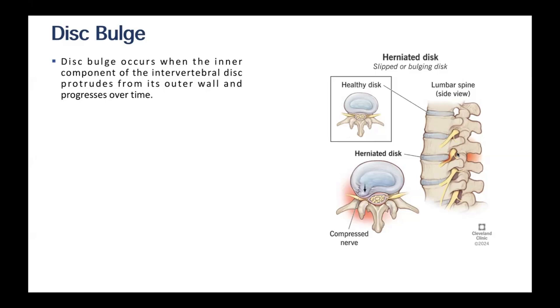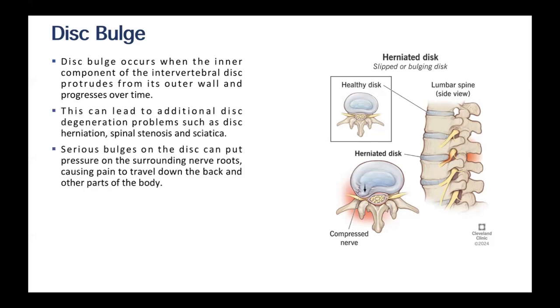Just a brief explanation of what this bulge is: it occurs when the inner component of the IVD, the intervertebral disc, protrudes from its outer wall and progresses over time. It can lead to additional disc degeneration problems.